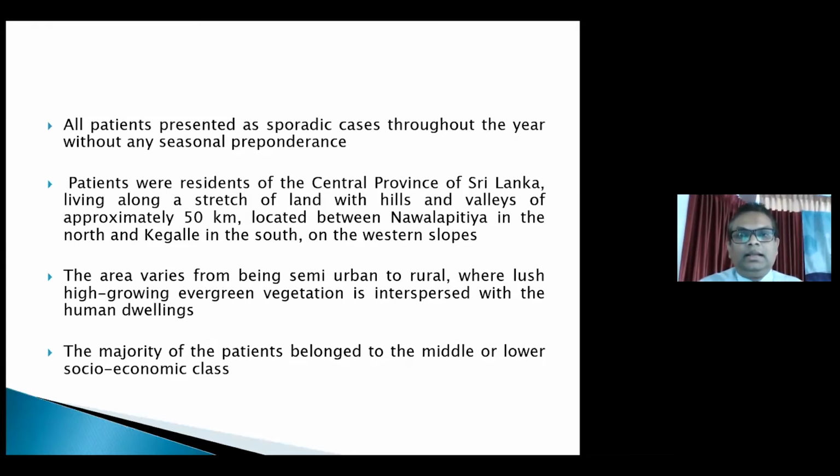As described in the previous study, the area varies from semi-urban to rural, where lush, high-growing evergreen vegetation is the habitat. Most of these areas are rural or semi-urban, and the majority of cases were either farmers or of low socioeconomic status, either estate sector workers, vegetable farmers or paddy farmers.